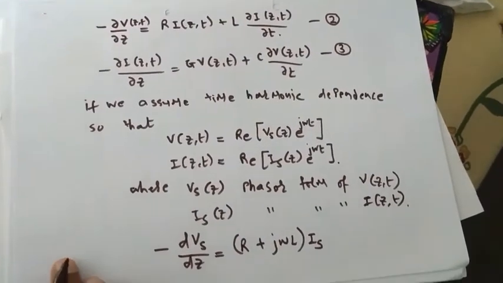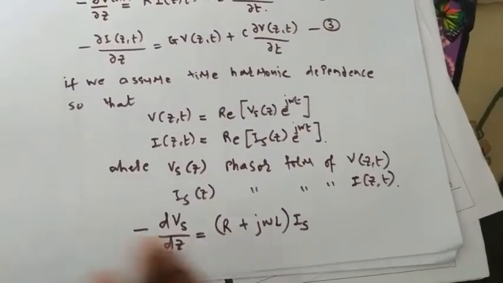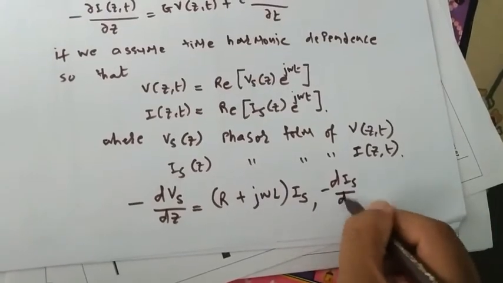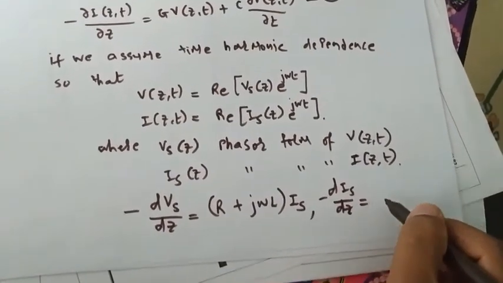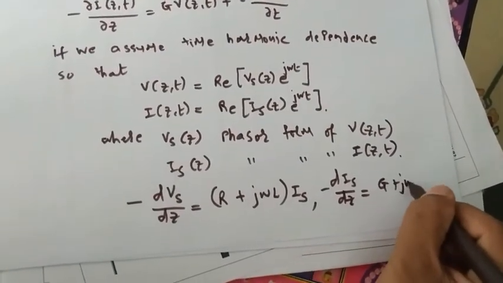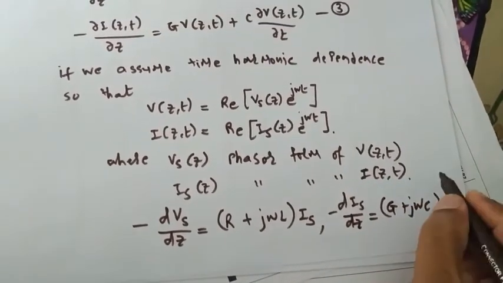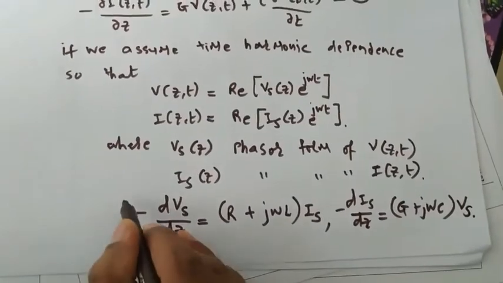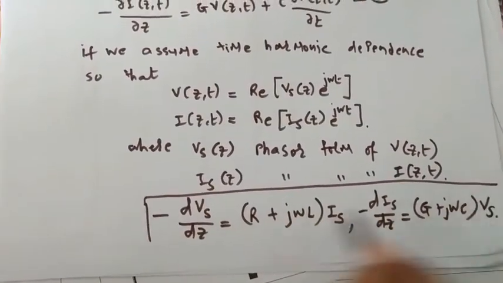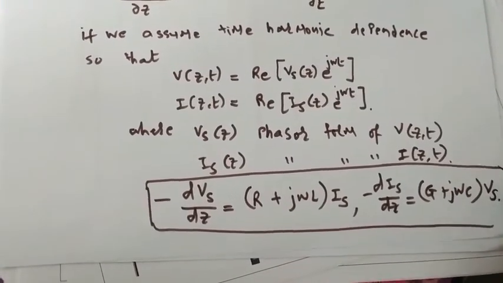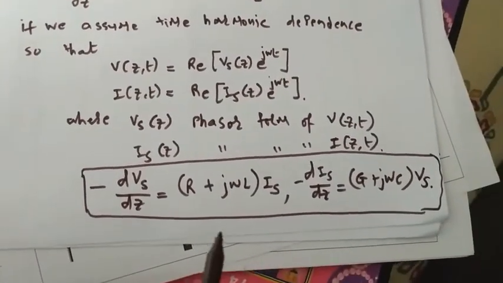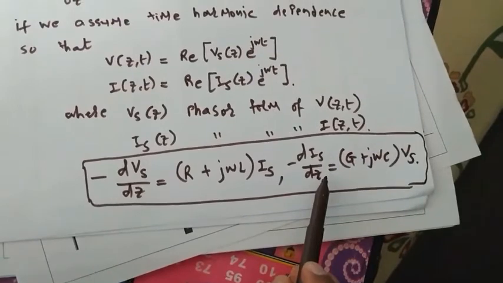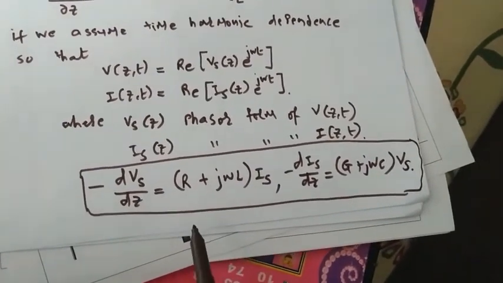In the same way I can express the voltage case: minus dIs over dz equal to (G plus j omega C) Vs. So now this way we have two expressions, one in terms of the voltage and one in terms of the current, which are now in the frequency domain.